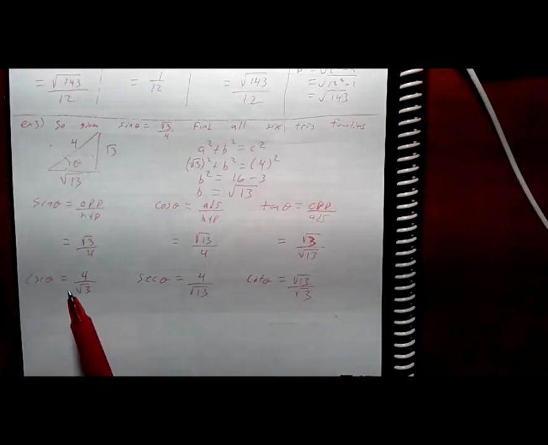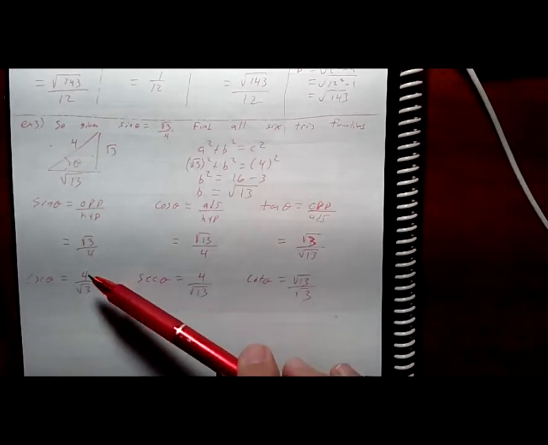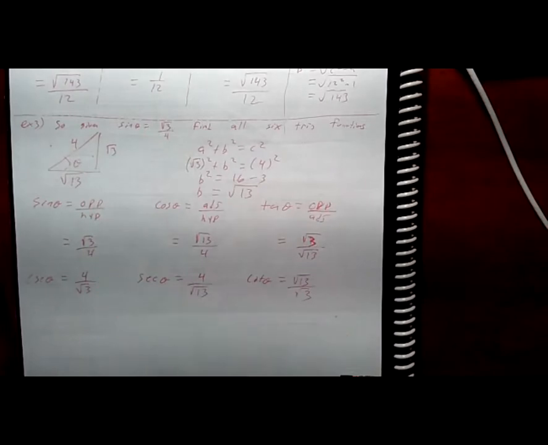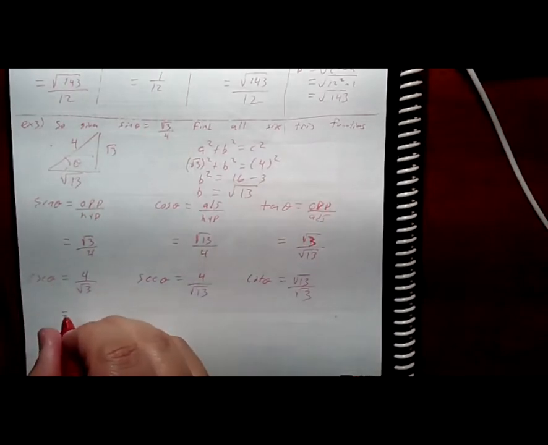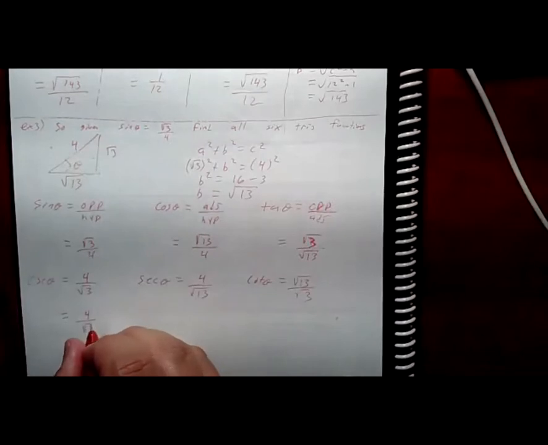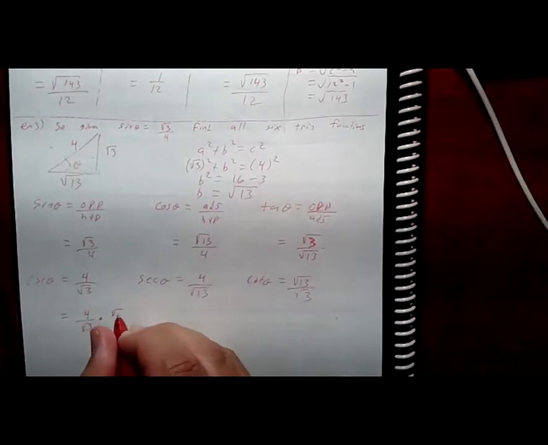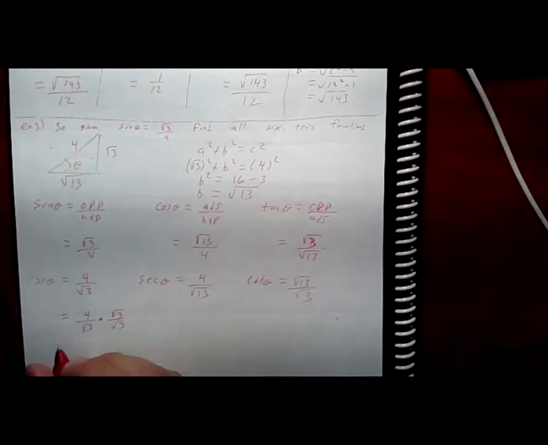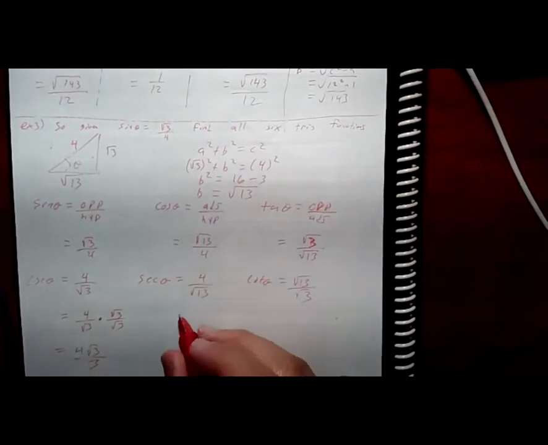Do you remember how to rationalize? Okay, so if you have a square root in the bottom, you multiply the top and bottom by the square root in order to rationalize. So you just do this, multiplying by root 3, which gives us 4 root 3 over 3.